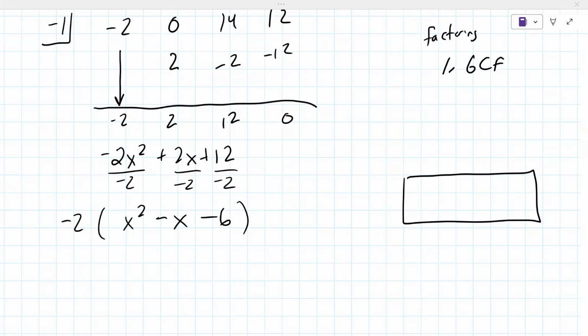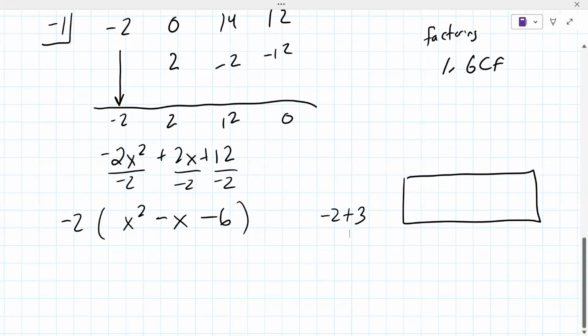Would it be -2 and 3? Do those add to -1? Oh, they add to +1.